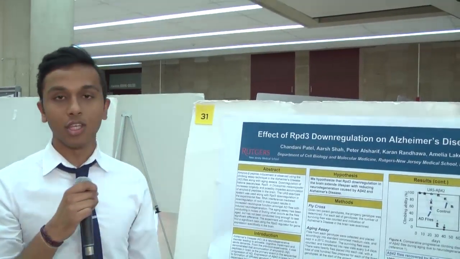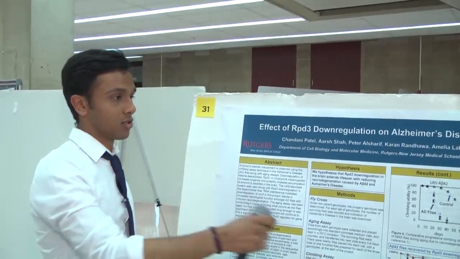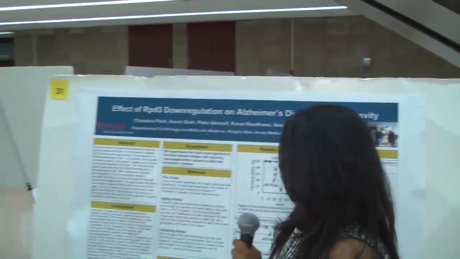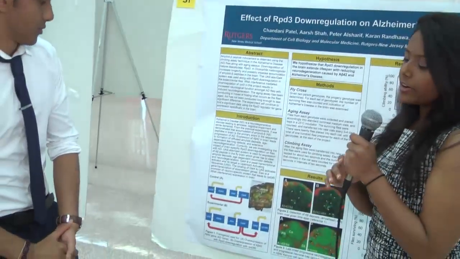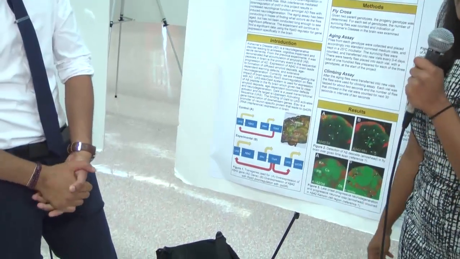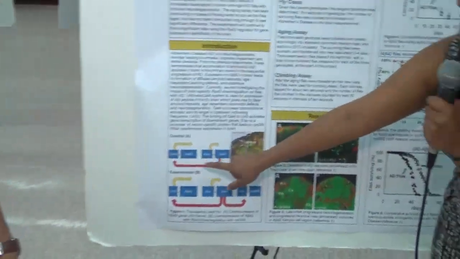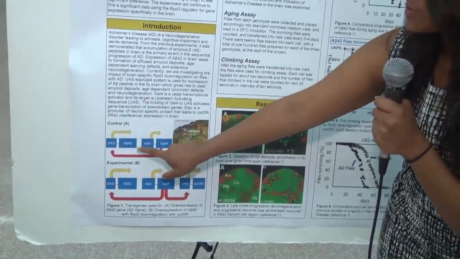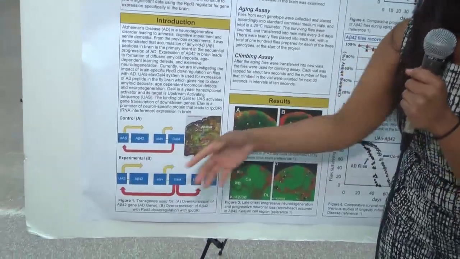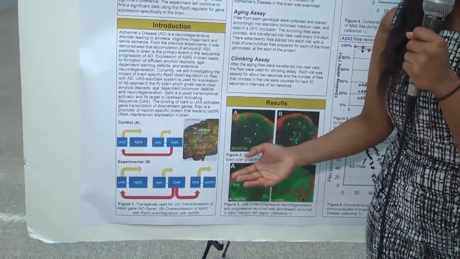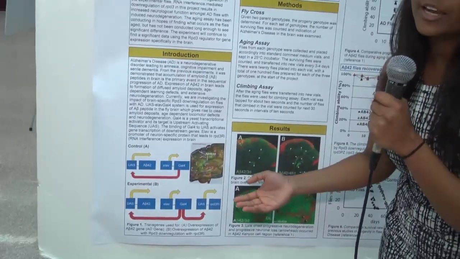We did it through the UAS-GAL4 system, where GAL4 is a transcriptional activator, and its target is the upstream activating sequence, UAS. So when GAL4 binds to UAS, it leads to activation of expression of amyloid beta 42. Accumulation of amyloid beta 42 is responsible for neurodegeneration in the brain.